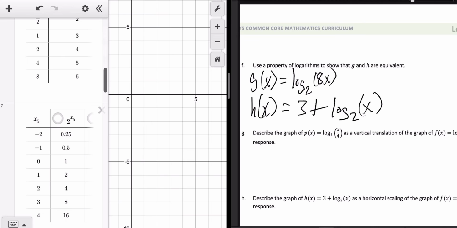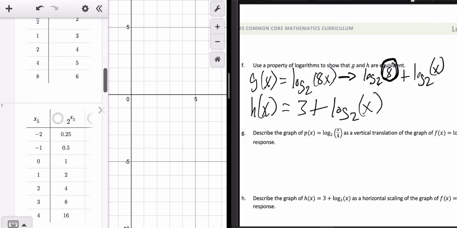Now, if you look at that, we can break that apart, right? Let's break this g of x apart and say log base 2 of 8 plus log base 2 of x. Well, to what power of 2 is 8?